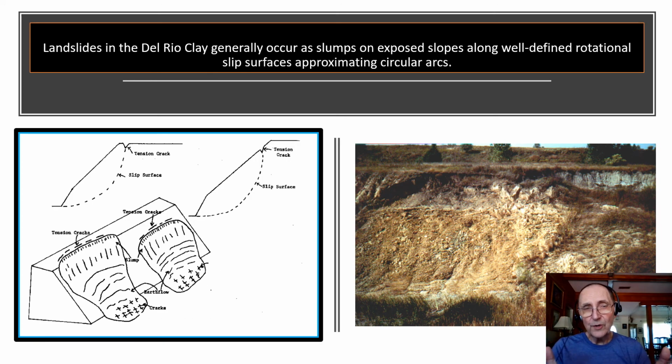As mentioned earlier, landslides in the Del Rio clay typically occur as slumps on the exposed slopes along a well-defined rotational slip surface. The sketch shows you that the slip surface may start at the top of the slope with the development of a tension crack, or it could start on the face of the slope towards the top.